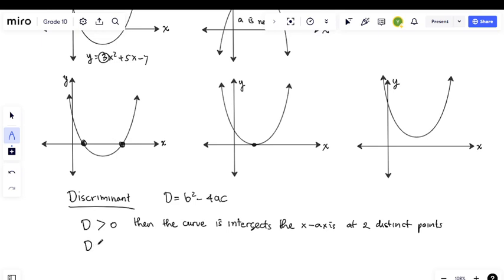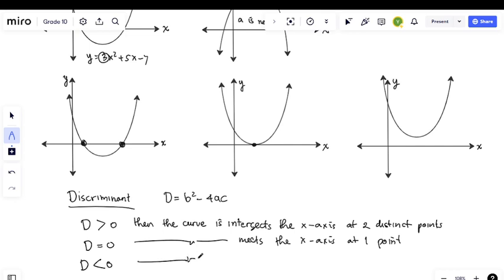Kalau D-nya sama dengan 0, the curve meets the x-axis at a single point, at one point. But when the discriminant is less than 0, the curve doesn't meet the x-axis.